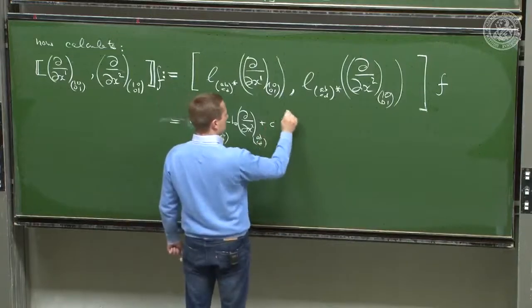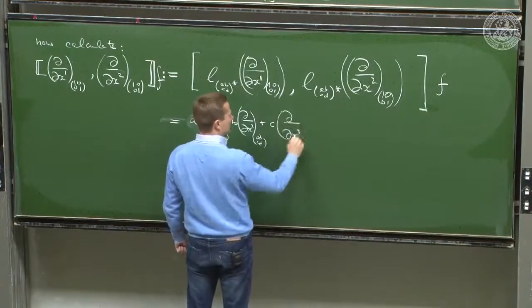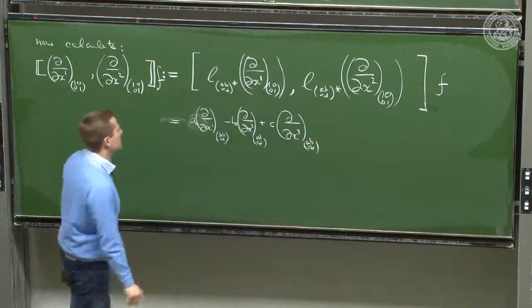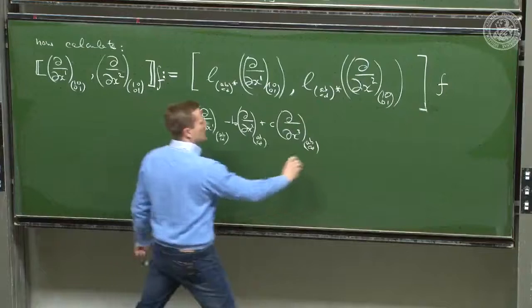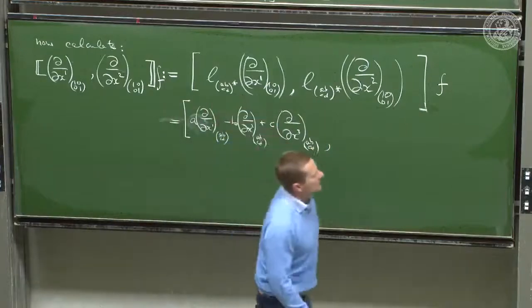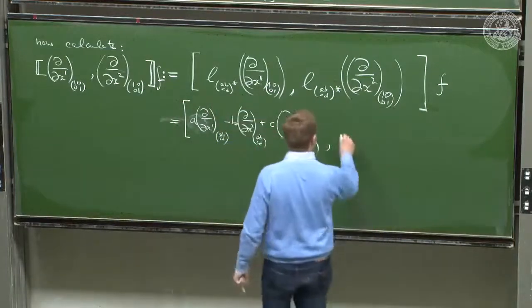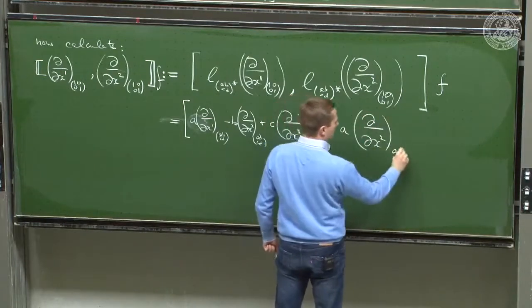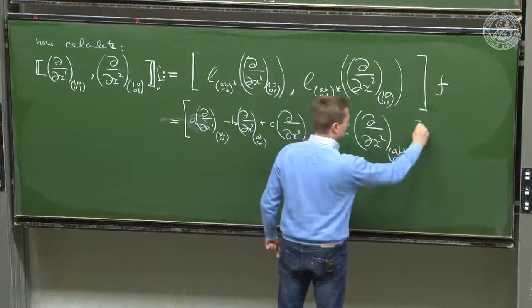And this is C times d/dx3 at ABCD at these points. That's the first vector field. And the second one, you plug in the same. That's A d/dx2, happens to be a little simpler, at point ABCD.